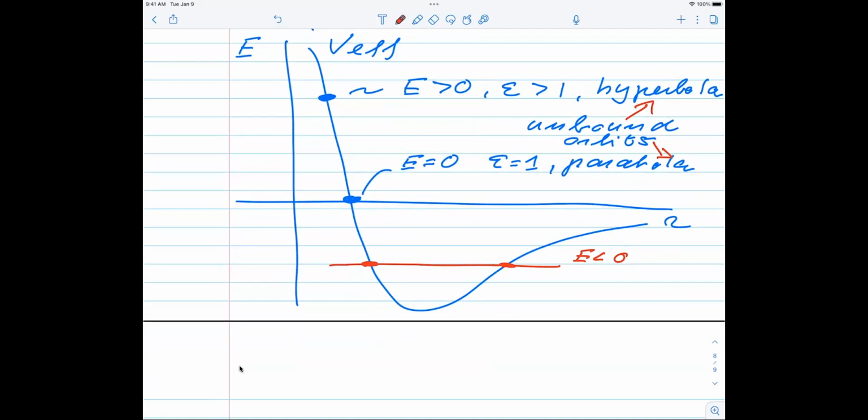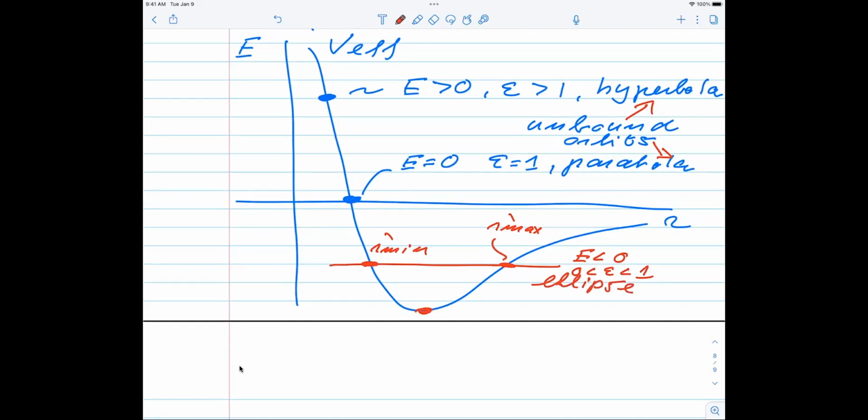This balance stabilizes the orbits, which means that in this case, you will have bound orbits. There is an R min prime and an R max prime here. And this is a case when the eccentricity is less than 1, but larger than 0. So this is an ellipse.